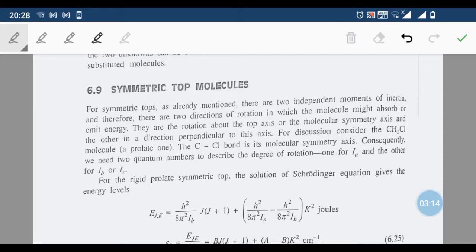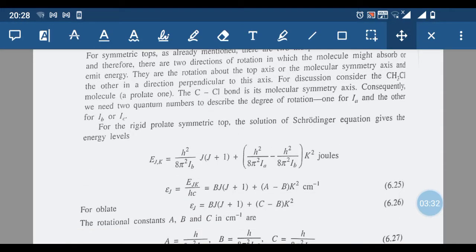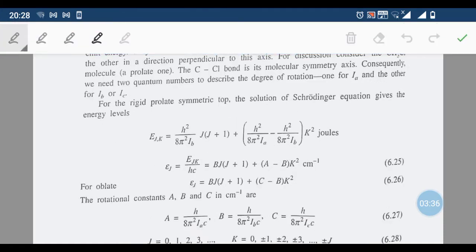The expression for energy is given by h square divided by 8 pi square IB into J into J plus 1, plus h square divided by 8 pi square IA minus h square divided by 8 pi square IB into K square, in joules. This is the expression for energy in joules. Usually we are familiar with the expression in centimeter inverse or wave number, and for that we divide EJK by hc.